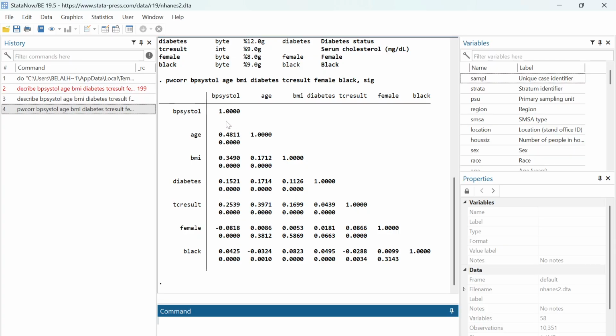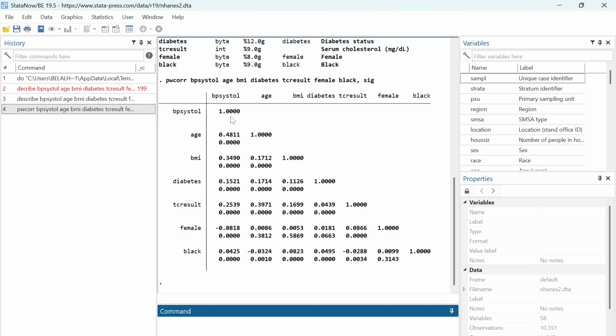All these are significant. But why don't we have the significance level for this? Because this is perfectly correlated. Why? Because they're the same thing: BP systole and BP systole. So now the question becomes, what is the range of correlation? Correlation ranges from -1 to +1.